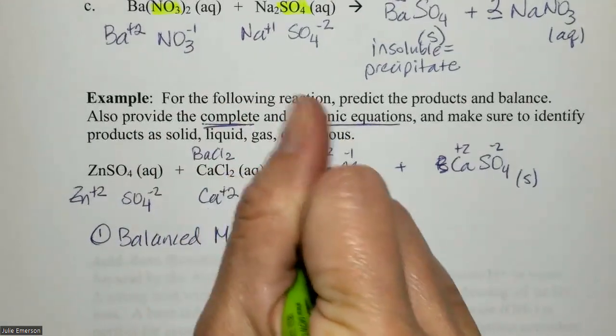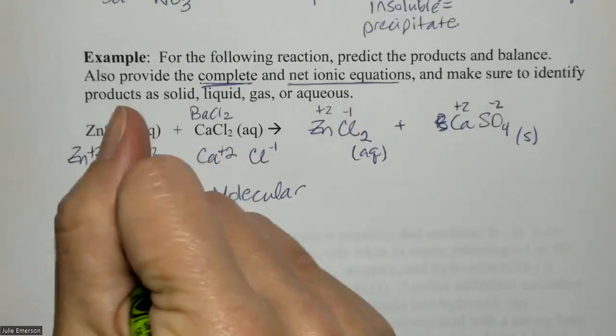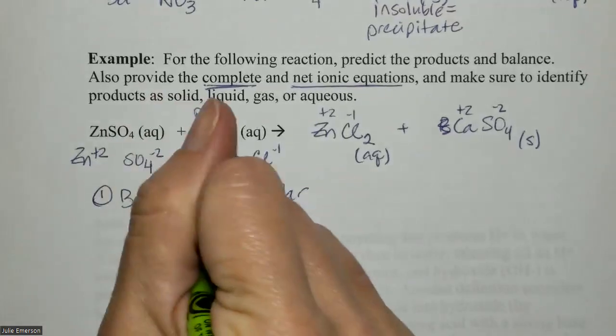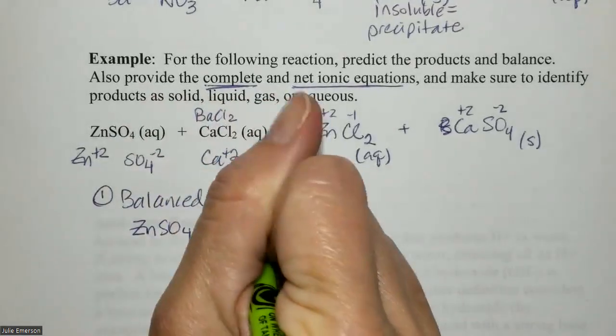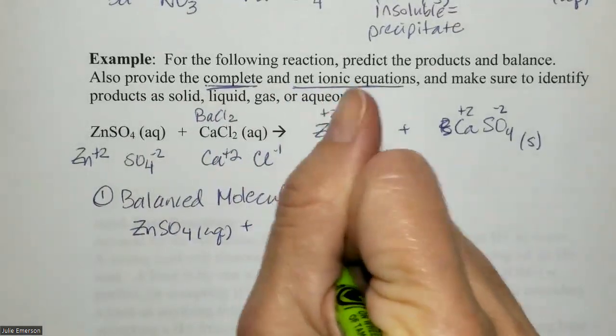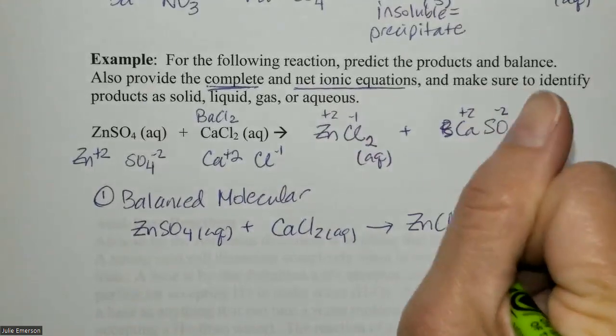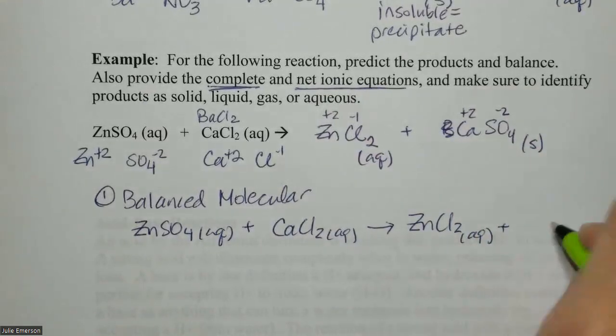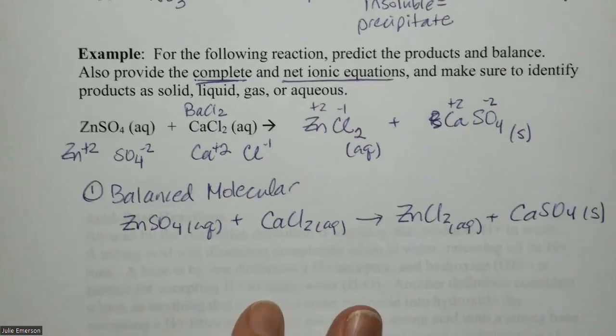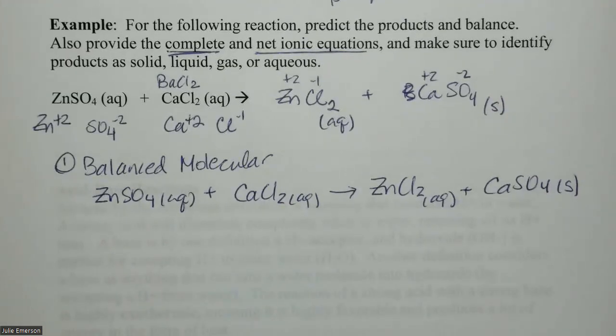So balanced molecular is the ZnSO4 aqueous reacting with the CaCl2 aqueous to make the ZnCl2 aqueous and CaSO4 solid. All right, so balanced molecular equation, one way of expressing this reaction.